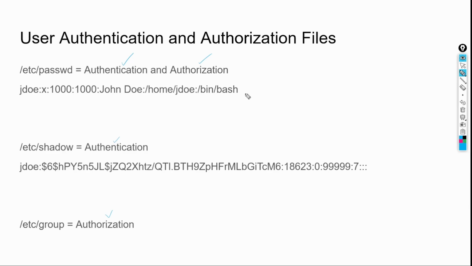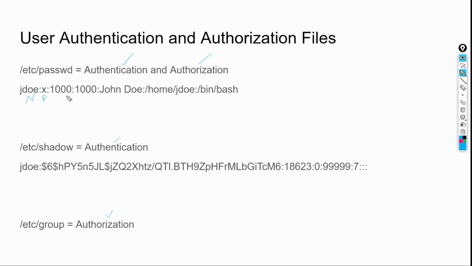And this is an example of what the contents within the /etc/passwd file would look like. /etc/passwd is basically a file that contains lines for each user and system account. And each of the contents here is separated by a colon. So JDoe, that's going to be your name. The X is going to be your password.